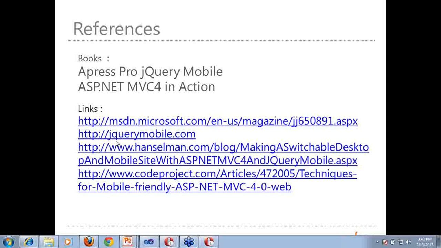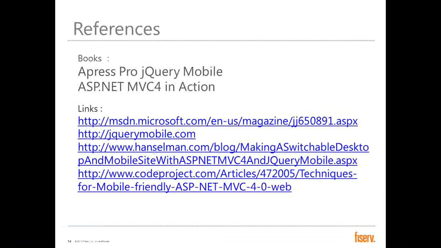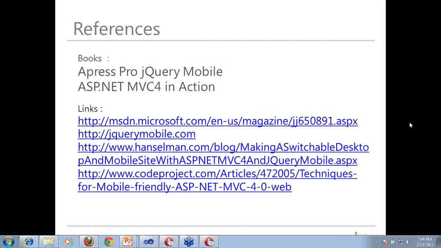Code Project, another guy called Hanselman, who has made a switchable desktop and mobile view. Finally, the jQuery Mobile and the ASP.NET MVC4 features. I can just click on one of them. Yeah, so this is the references section.